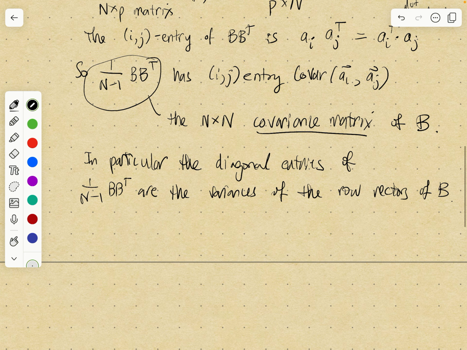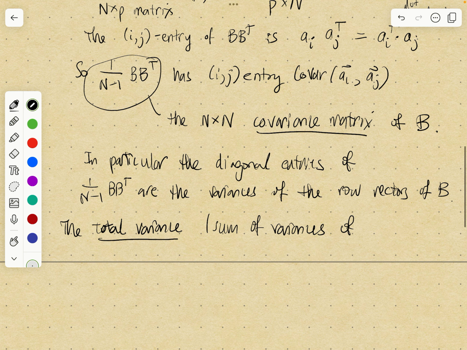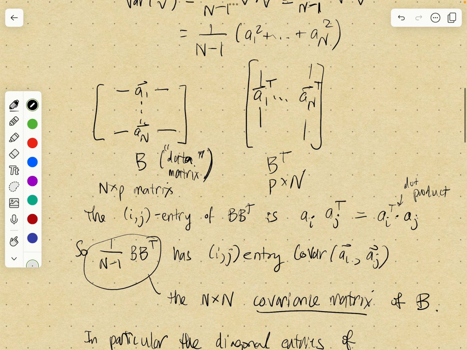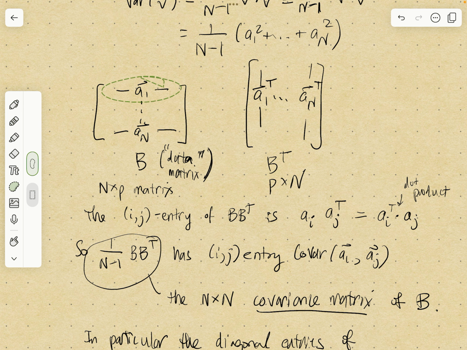And we define the total variance. The total variance is the sum of the variances of the rows of B, right? So you take each of these AIs, each of these rows, take the variance of each of those, add them up.